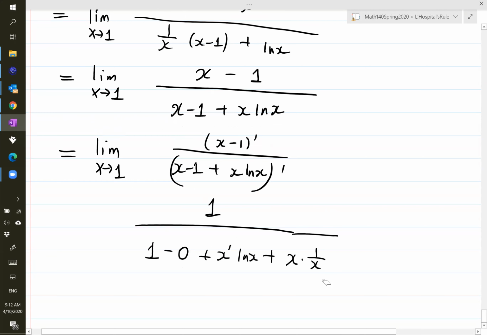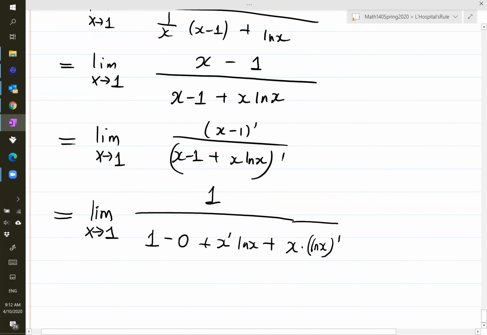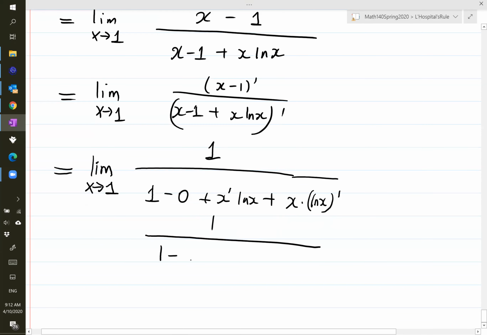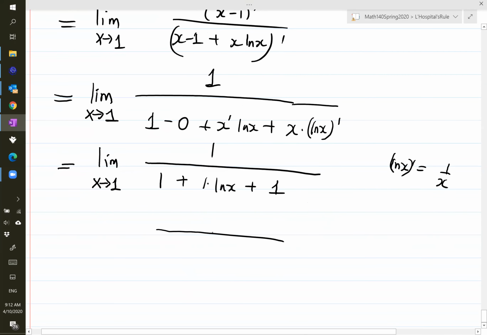So this is 1 minus 0, just forget the 0. So this is 1 plus ln x plus 1. The derivative of ln x is 1 over x, so you multiply x and get 1, limit as x approaches 1. So finally, you get 1 plus ln 1, and ln 1 is 0. So you get the answer, which is actually 1 half.